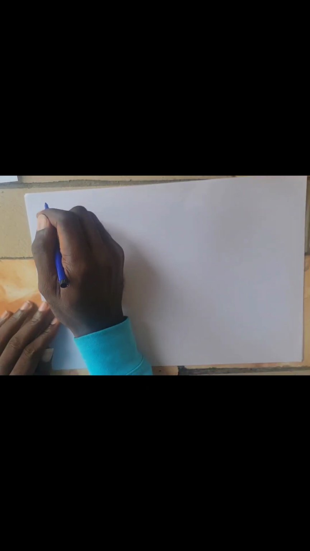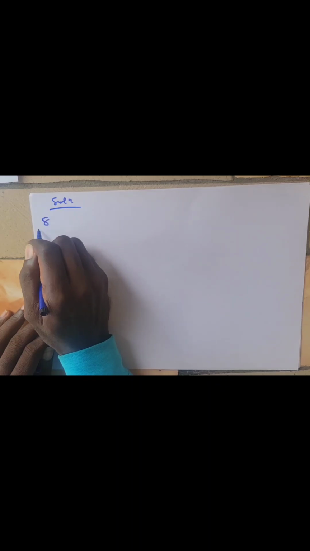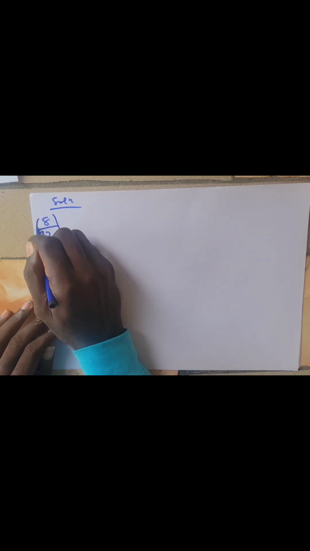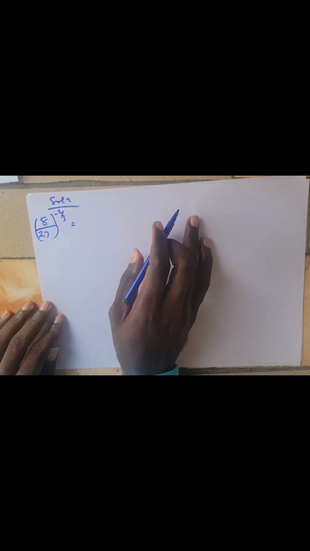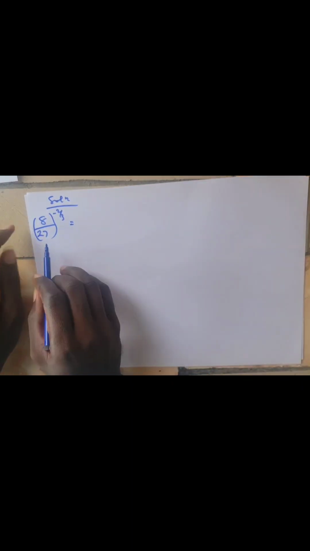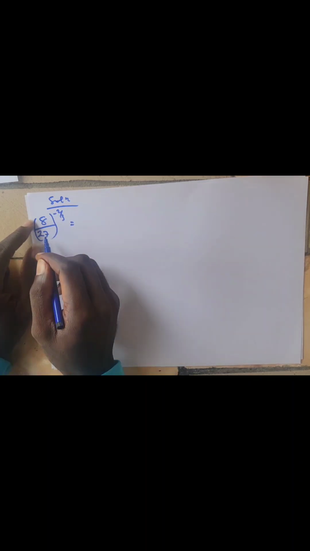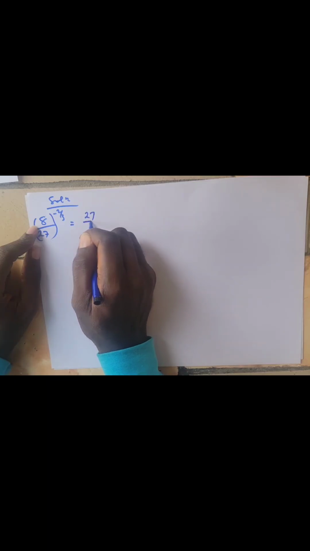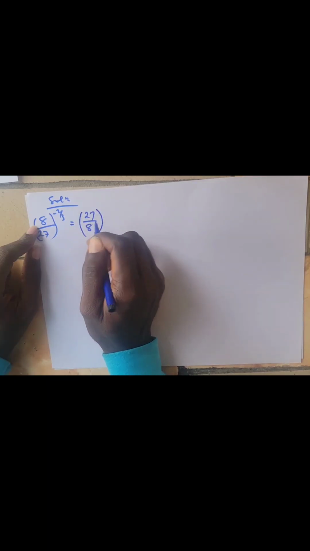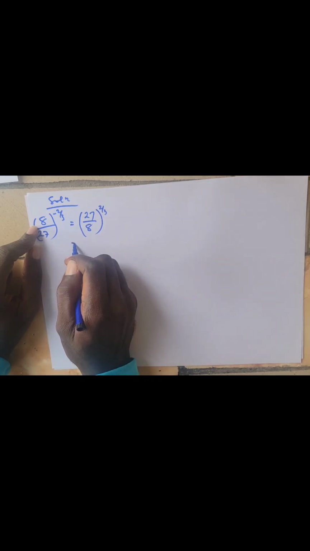Solution: 8 over 27 raised to power minus 2 over 3 equals, I would like to change this to a positive index. What do I do? I take the reciprocal. This is 27 over 8 raised to power 2 over 3. The sign goes.